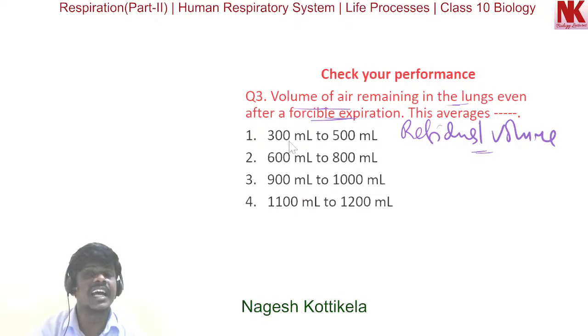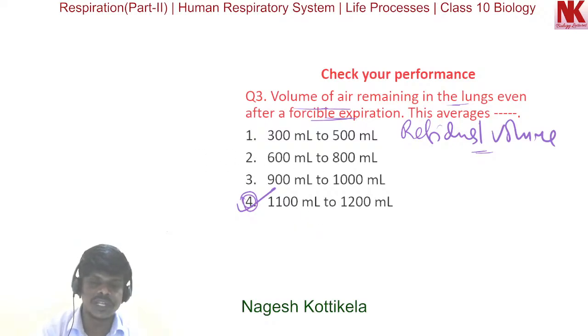Option 1, 300 ml to 500 ml. Option 2, 600 ml to 800 ml. Option 3, 900 ml to 1000 ml. Option 4, 1100 ml to 1200 ml. Option 4 is correct. So the residual volume is on an average 1100 to 1200 ml.